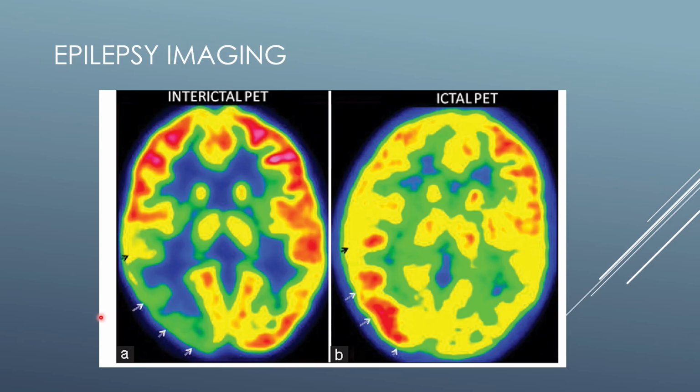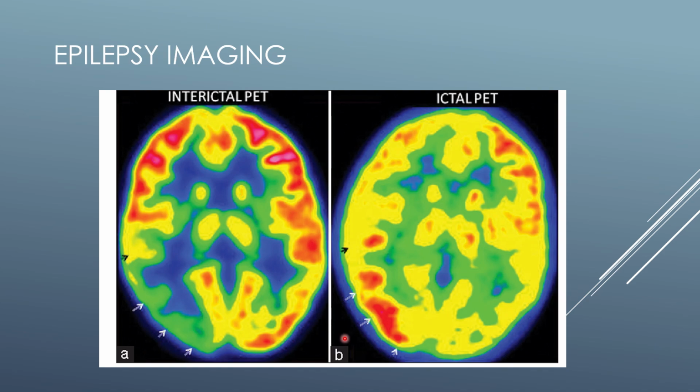What you see in these images is that at their baseline, when they're not having a seizure, there is an area of the brain that is hypometabolic, which means it's not really metabolizing glucose. It's a low uptake in that area.